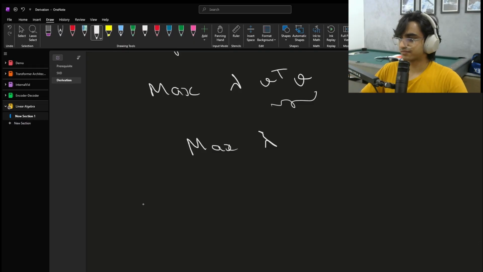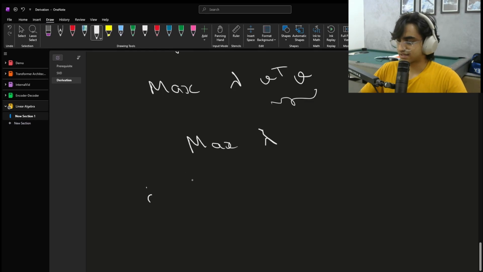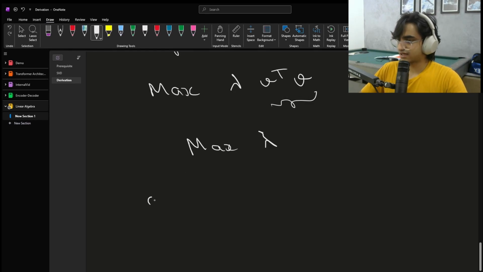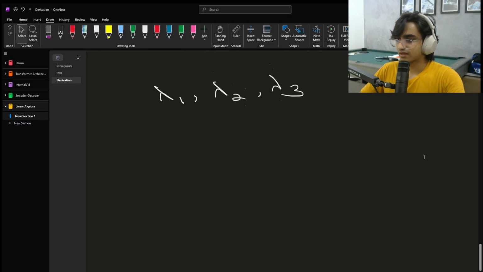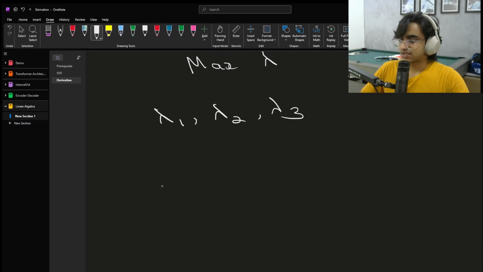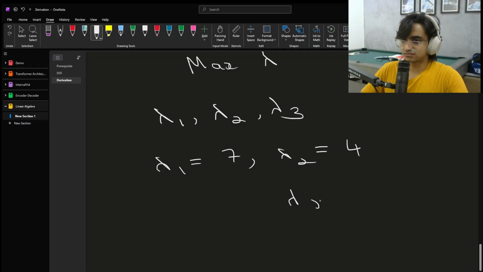So suppose we get the eigenvalues lambda 1, lambda 2, and lambda 3, such that, let's just say lambda 1 is 7, lambda 2 is 4, and lambda 3 is, let's say, 1.